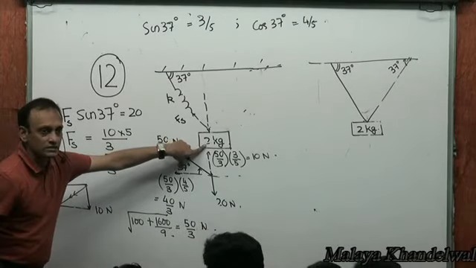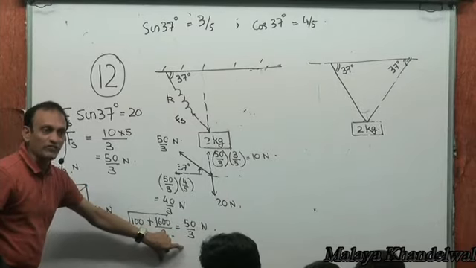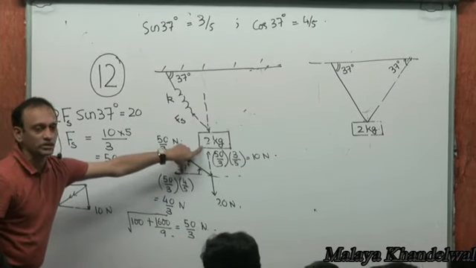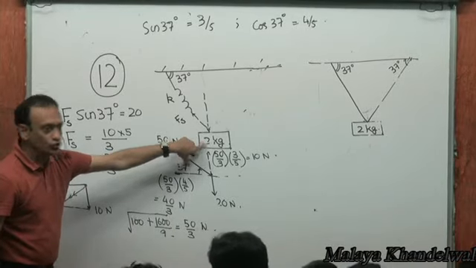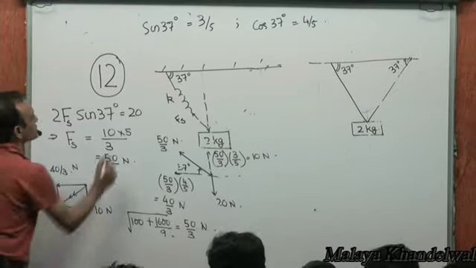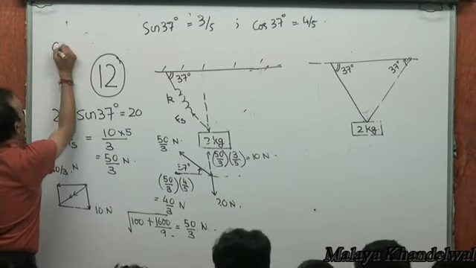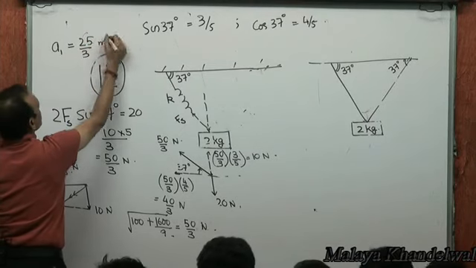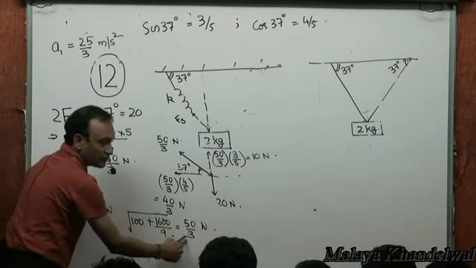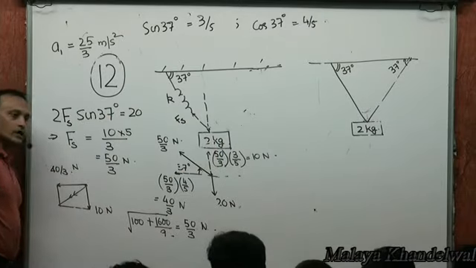Divided by the mass, 2. That means 25 by 3 meters per second squared is the acceleration of this. So acceleration of this first mass is going to be 25 by 3 meters per second squared, isn't it? This is the net force divided by the mass m. Clear?